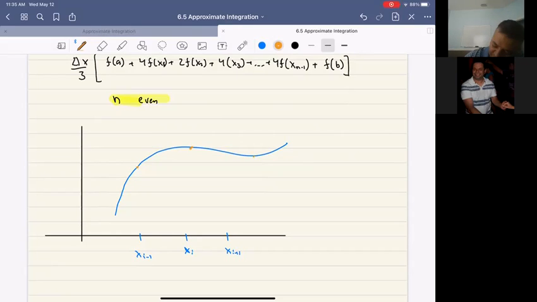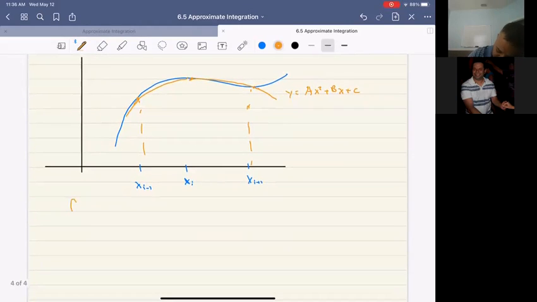Okay, so we're going to approximate by a parabola here. So we're going to do the integral from here to here of that. Okay, so let's do that first.